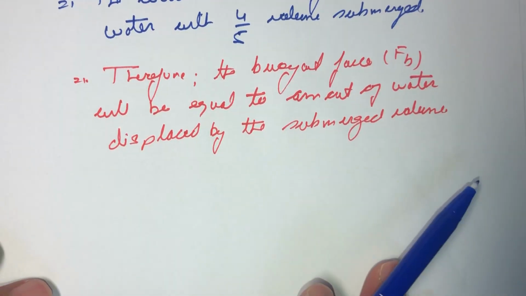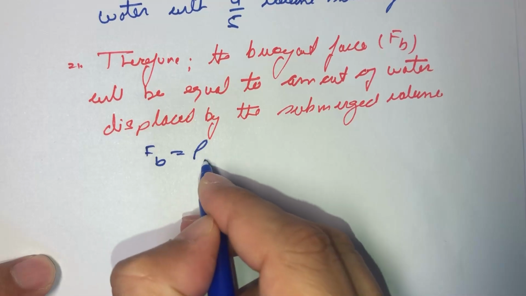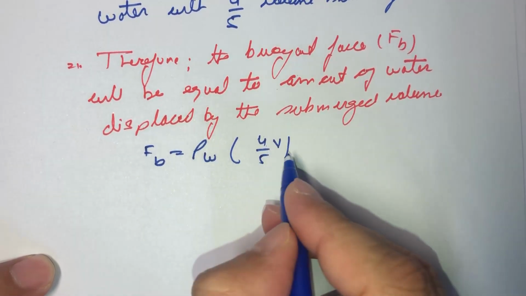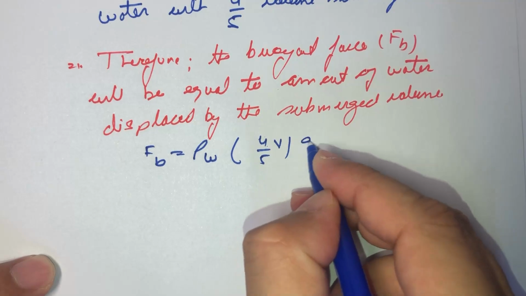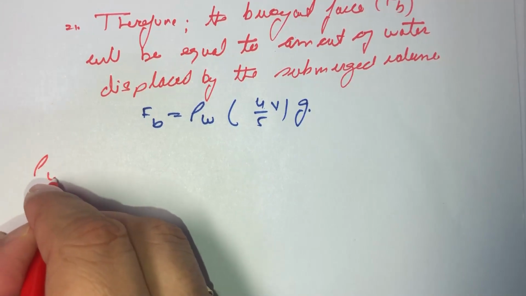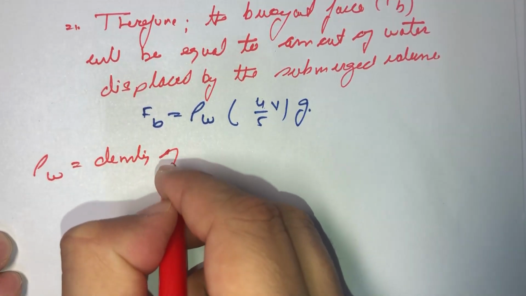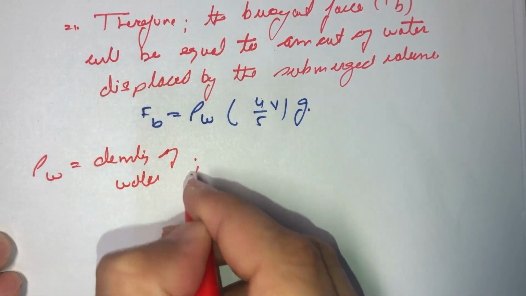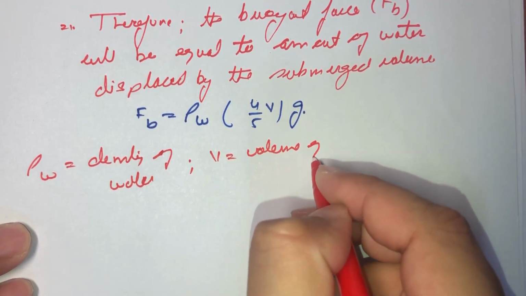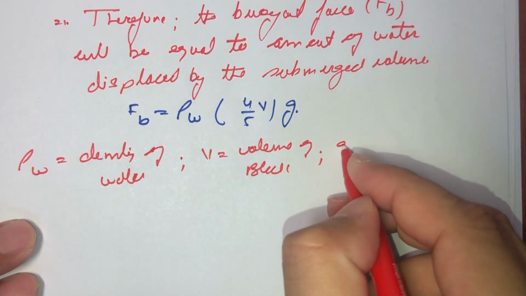So the buoyant force is given as Fb. So Fb is equal to density of water multiplied by 4/5 times volume V, and multiplied by g. Here rho w is the density of water, V is the volume of the block, and g is our acceleration due to gravity.